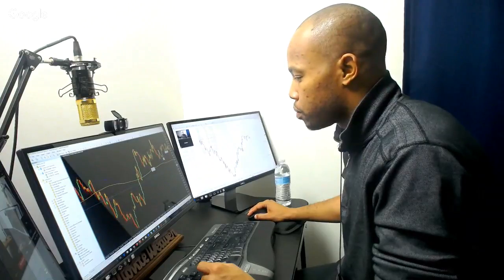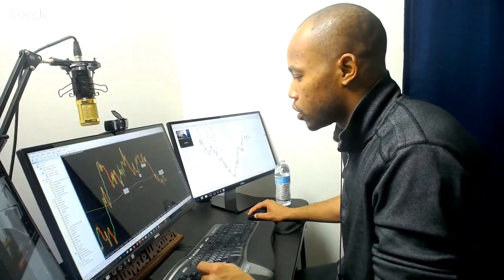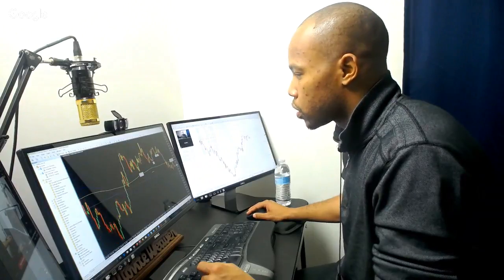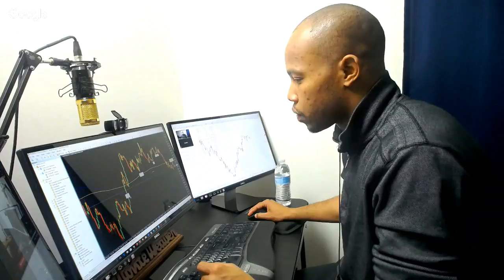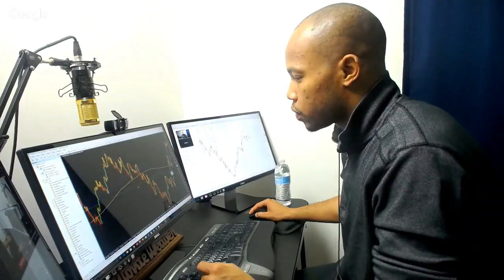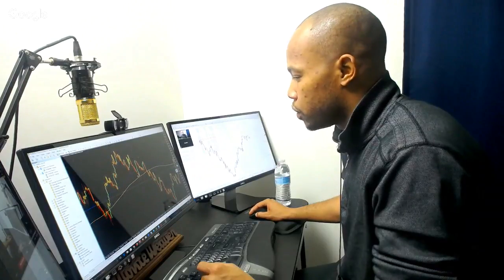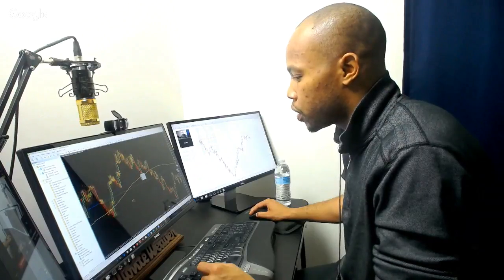Had a nice solid breakthrough here, stopped right at it, then moved straight up above it. 200-day moving average, active support, nice big wick off of here, nice buy signal off of there.